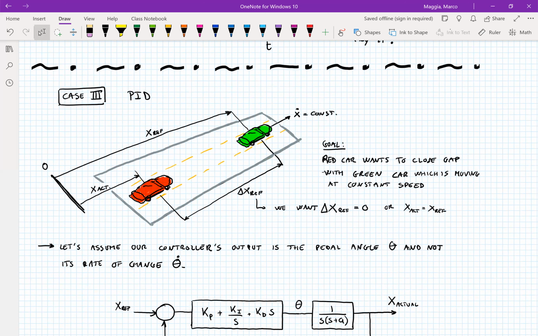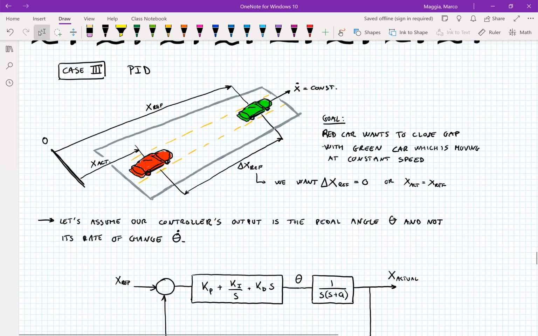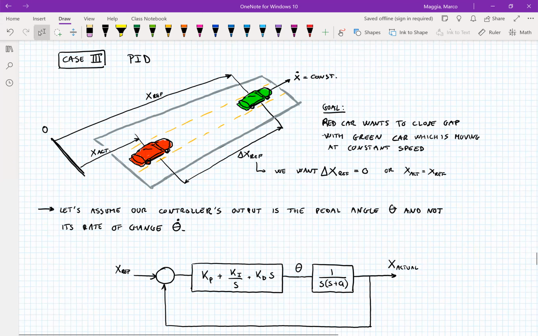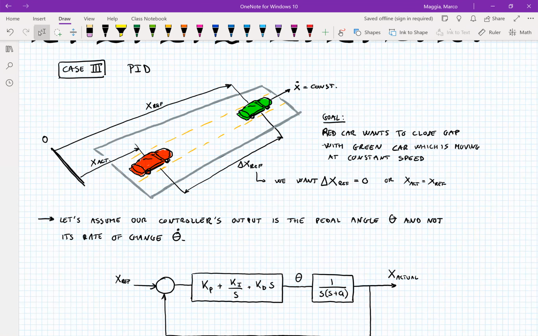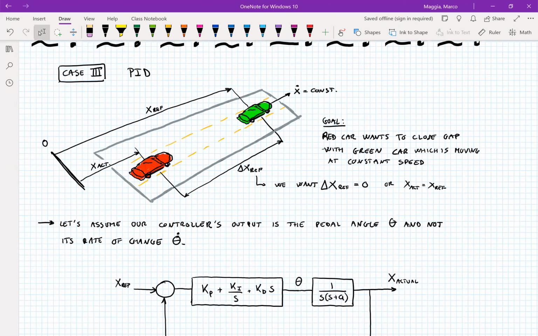In order to do that, a PID controller is not possible. You must need a PID controller. Another thing that I wanted to point out is that for this case, I went back to thinking, just for the sake of this example, that the controller's output is the pedal angle, not the pedal angle's rate of change.